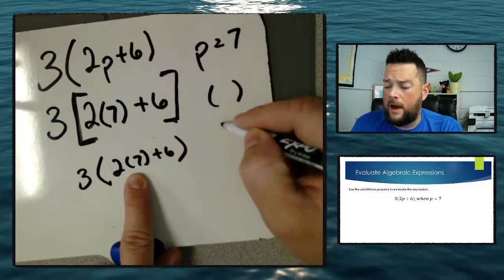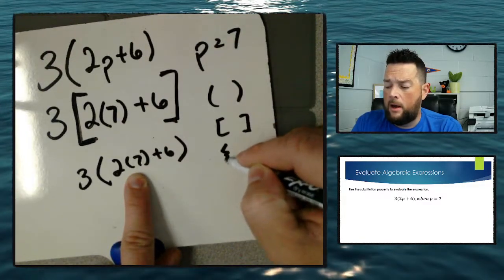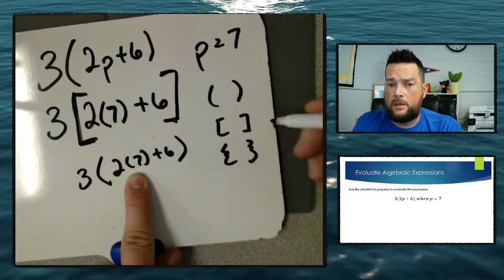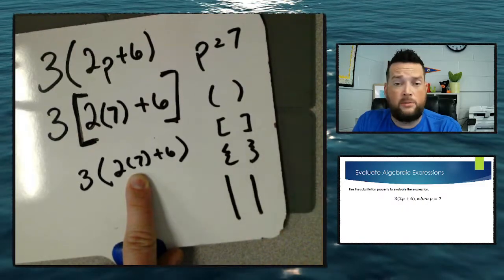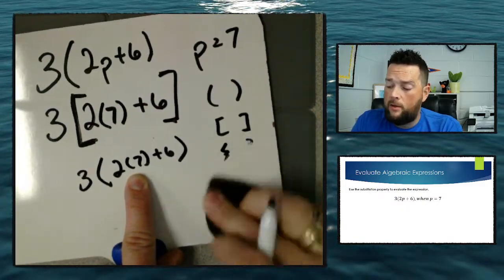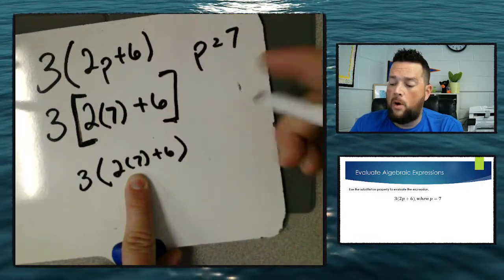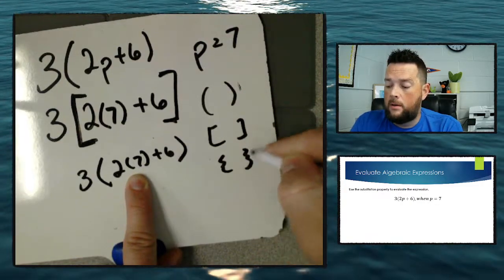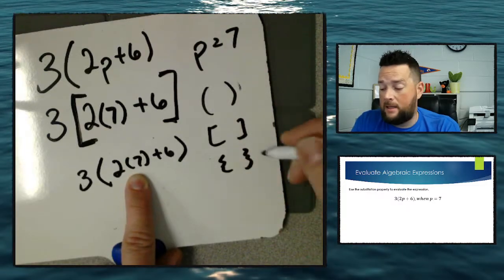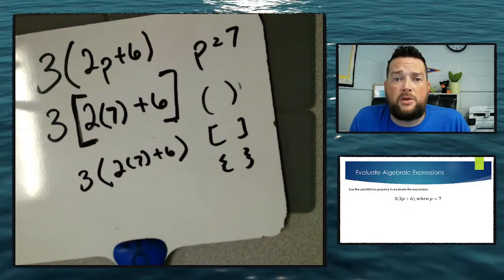There are all different kinds of groupings in math, all right? You've got parentheses, you've got brackets, you have braces like this, you can have absolute value bars. Those are all different kinds of groupings. Well, these first 3, the parentheses, brackets, and braces, don't necessarily have any special function.